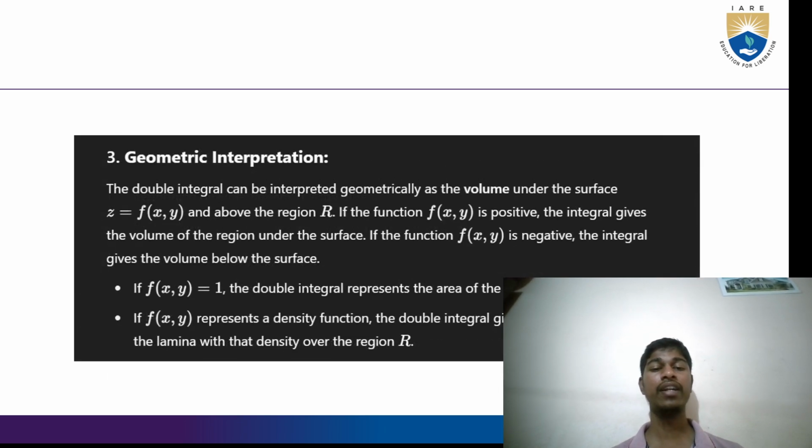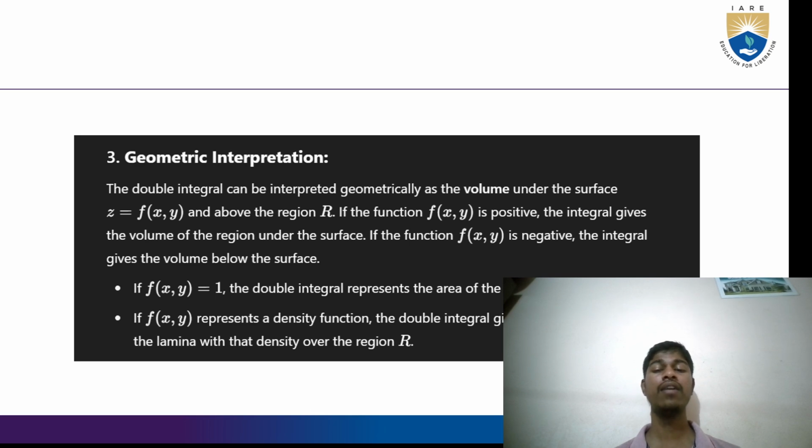3. Geometric interpretation. The double integral can be interpreted geometrically as a volume under the surface z is equal to f of x and y and above the region R. If the function f of x and y is positive, the integral gives the volume of the region under the surface.